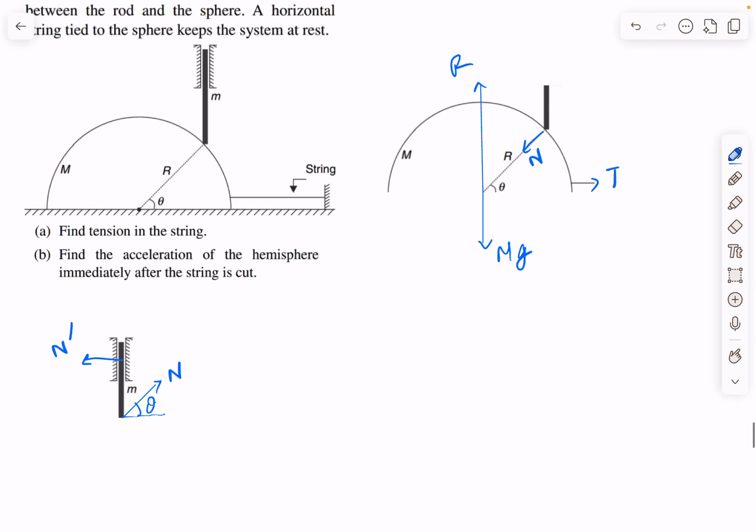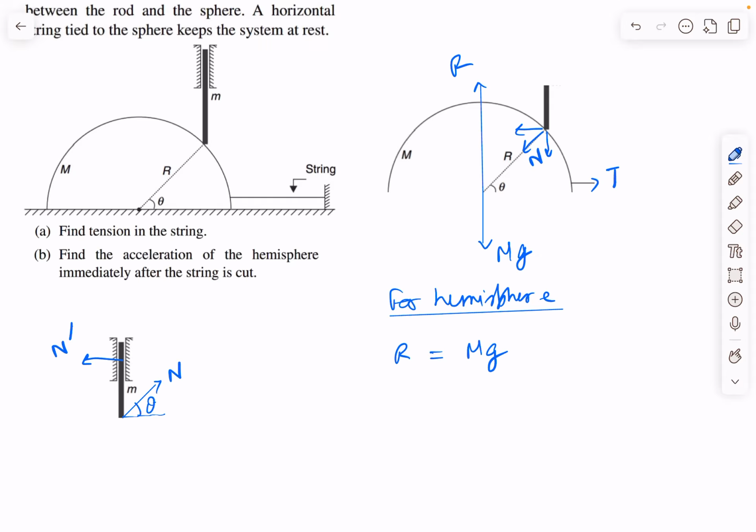So since equilibrium is there, for the hemisphere, we can write the equilibrium equation in two directions, vertical direction and horizontal direction. So for the vertical direction, I can write R equal to mg plus a component of N in the vertically downward direction, and a component of N in the horizontal direction.